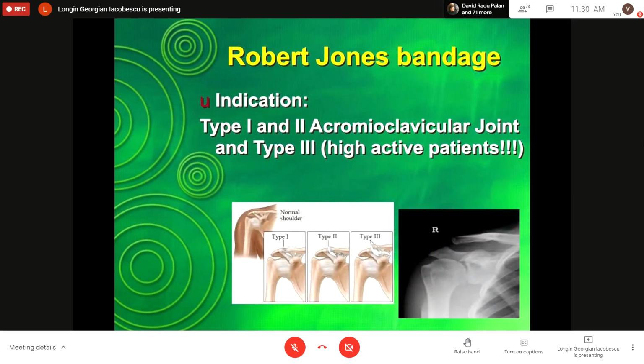The other type of immobilization that I wanted you to take into consideration is the Robert Jones bandage.